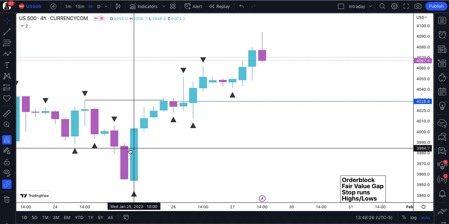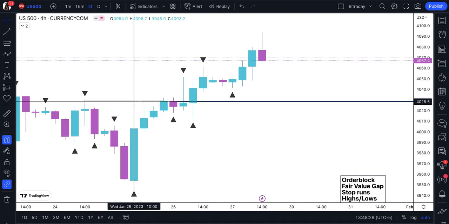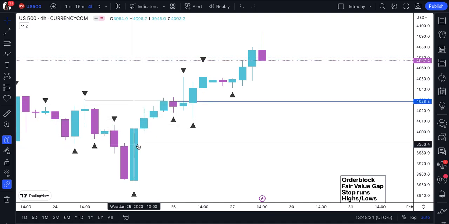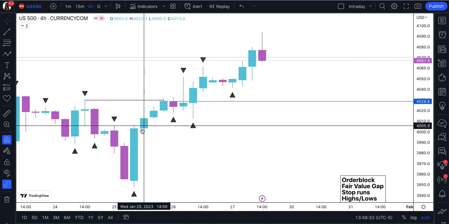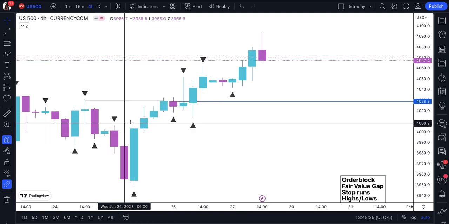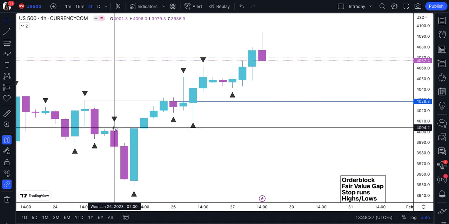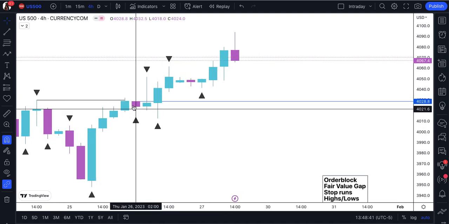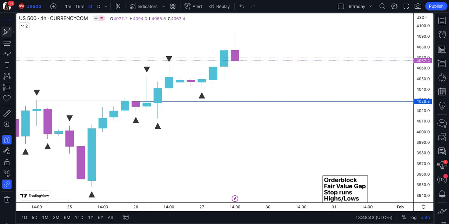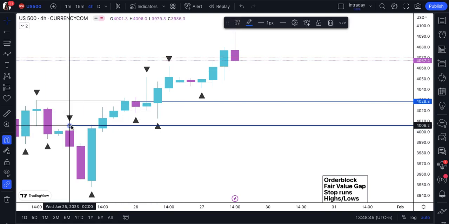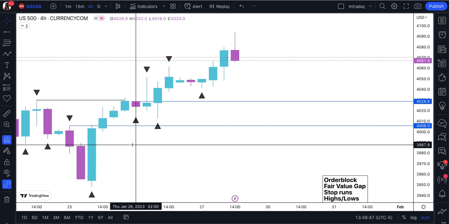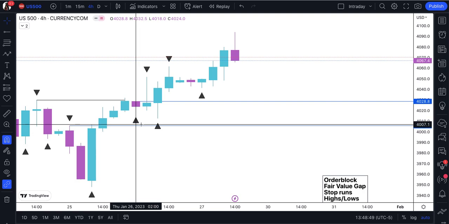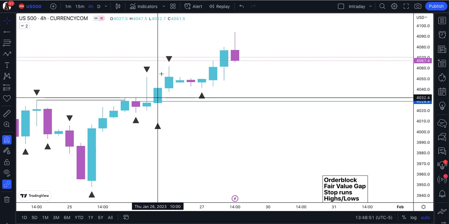So this push up broke this high. If I look back, this would be the valid order block, but price didn't come back down there. It just kept going.